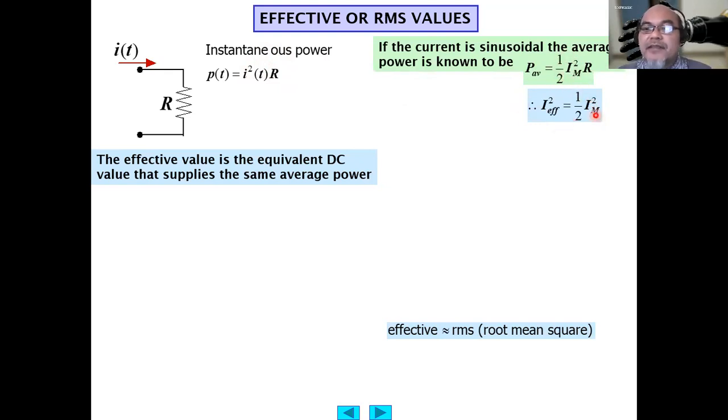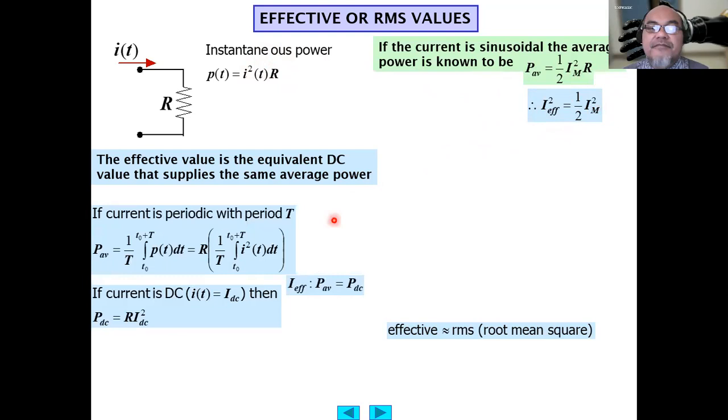Okay, so the effective current for sinusoidal current will be equal to the square root of half times the square of the maximum current. Then this is the derivation.